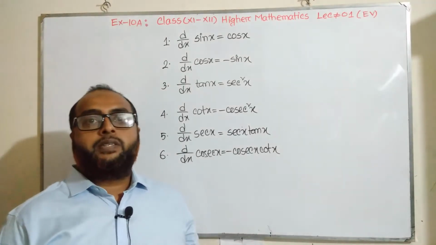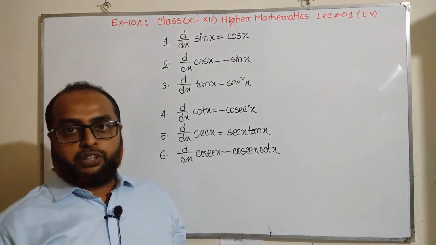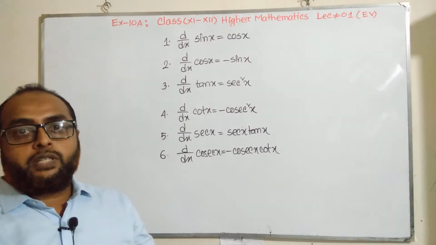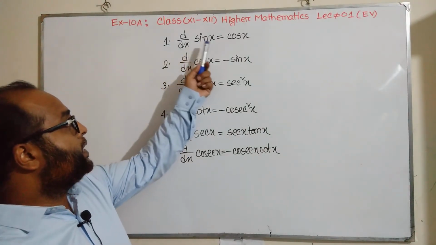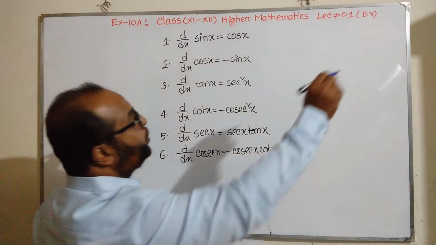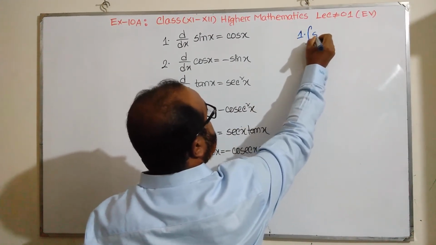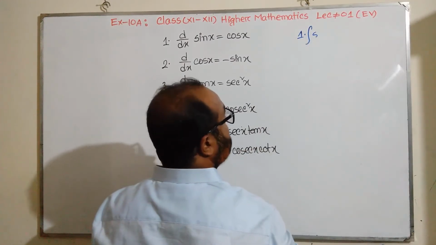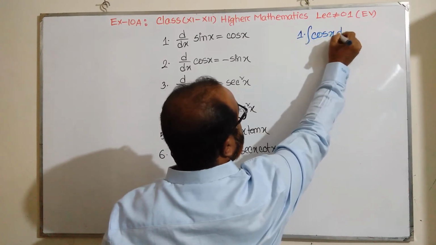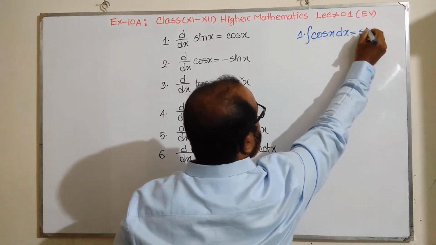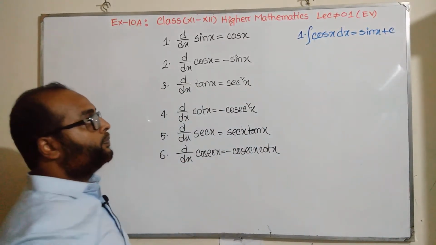Okay, my dear students, there are 6 trigonometric functions. Differentiation of the 6 trigonometric functions is given here. You know d/dx of sin x equals cos x. So integration of cos x dx is sin x plus c.